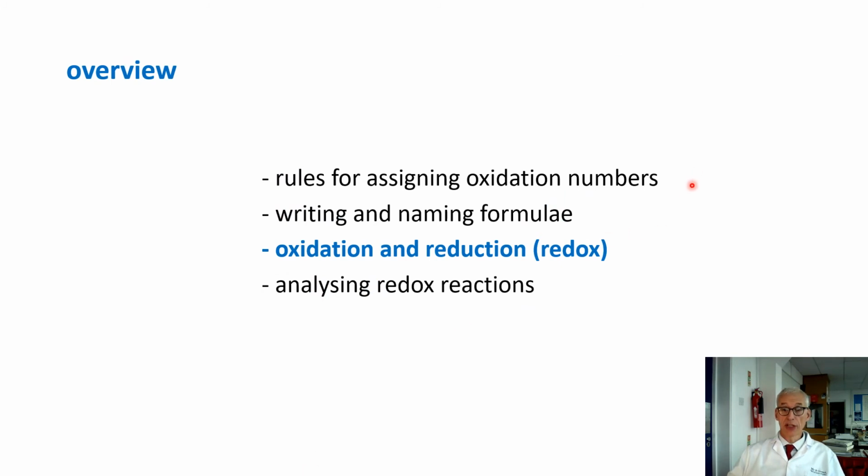So, having done some preliminary work on assigning oxidation numbers and applying them to names and formulae, we can now move on to analysing oxidation and reduction in terms of oxidation number change.